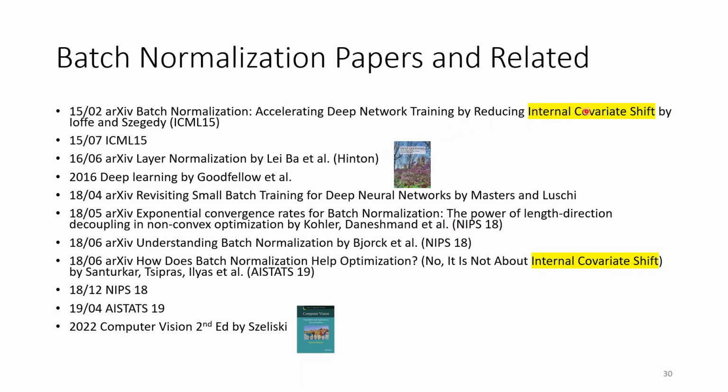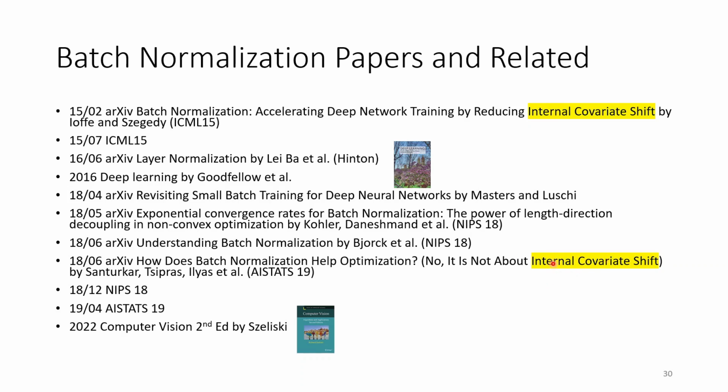So this is a very interesting finding. And then there's another paper, "How Does Batch Normalization Help Optimization?" and the subtitle is "No, it is not about internal covariate shift." It directly claims that they are unrelated. So this is a very interesting finding.